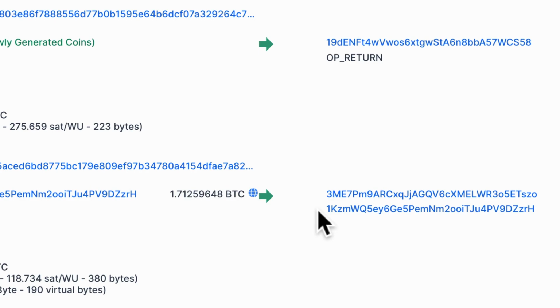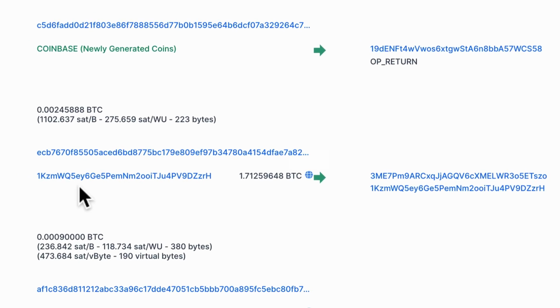What this means is that the 1.7 Bitcoin that lives in this address is being split between this first address and the second. Notice that this second address is exactly the same as the sender, because all of the Bitcoin in the address needs to be accounted for. So we have part of the total being sent to a new address and part of it being returned back to the sender.